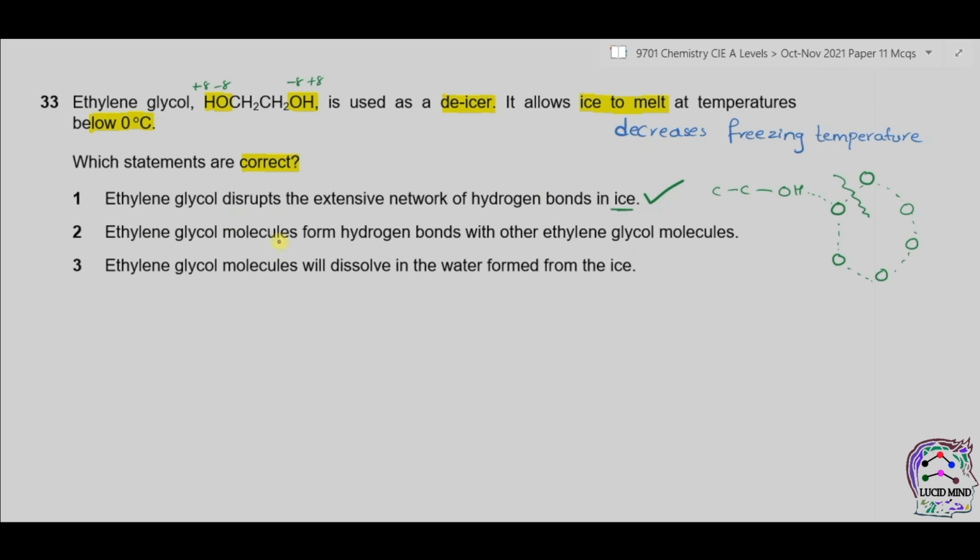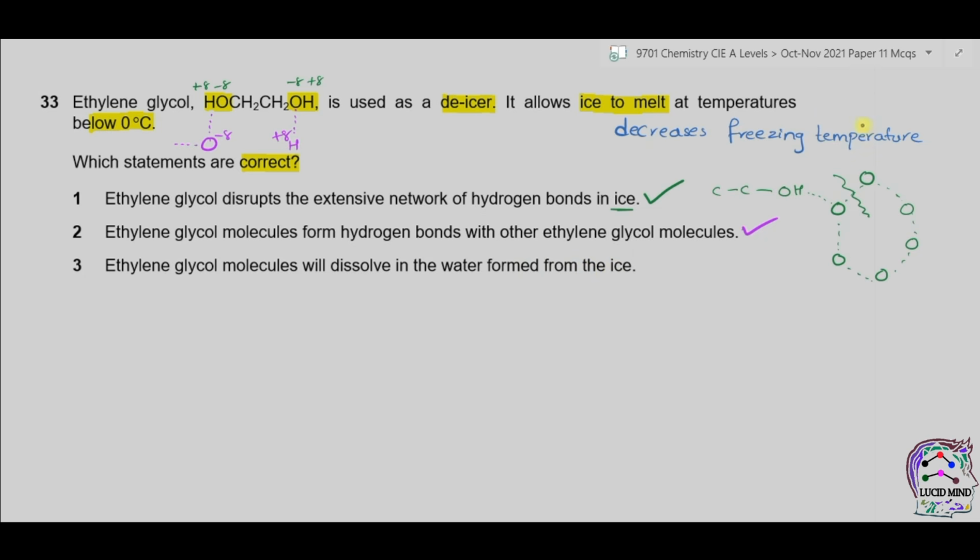Part 2, ethylene glycol molecules form hydrogen bonds with other ethylene glycol molecules. Obviously this can happen because for hydrogen bonding we need an electronegative element like oxygen and an electropositive hydrogen. So yes, it can make hydrogen bonds with other ethylene glycol. Number 3, ethylene glycol molecules will dissolve in the water formed from the ice.